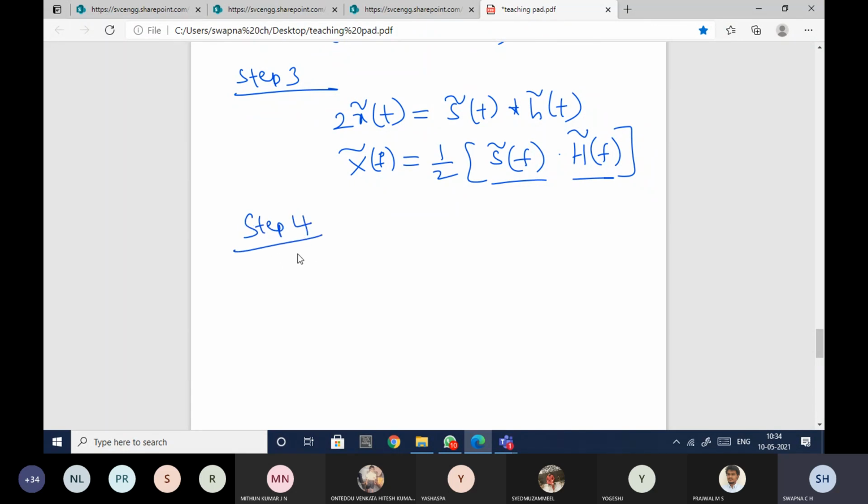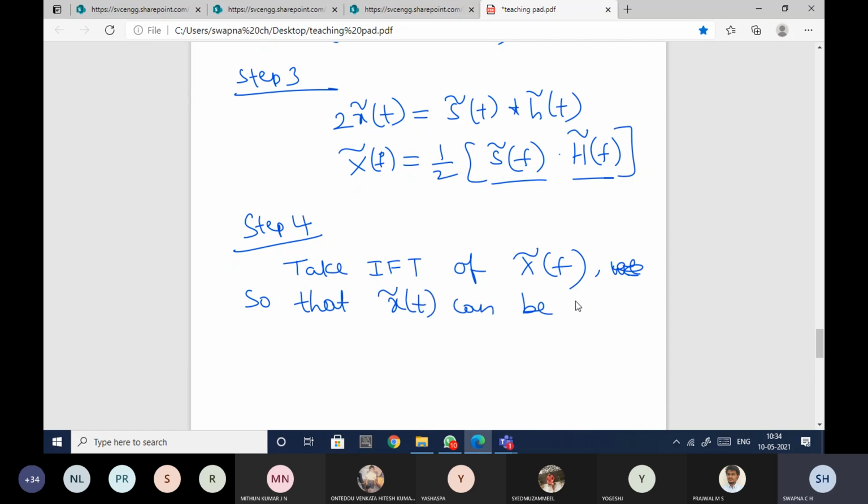In step 4, I need to take the inverse Fourier transform of x tilde of f, so that x tilde of t can be obtained.